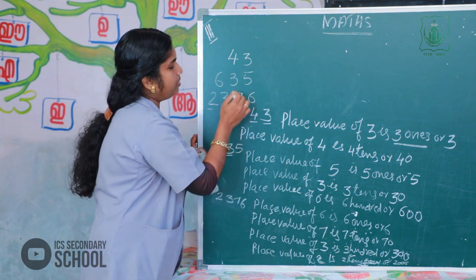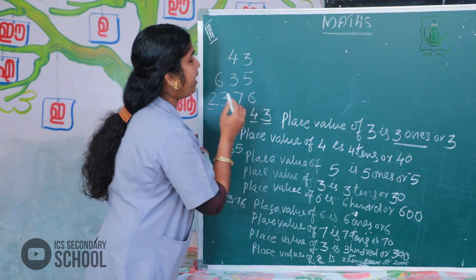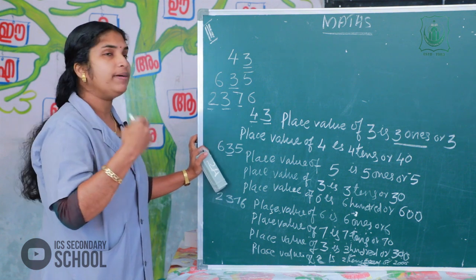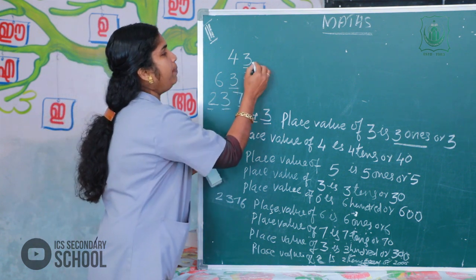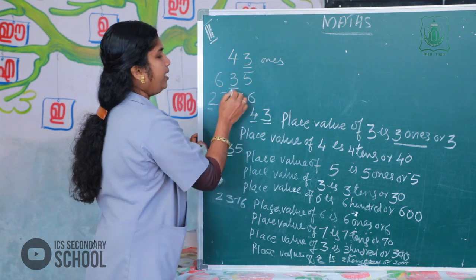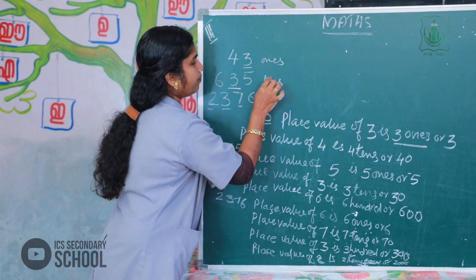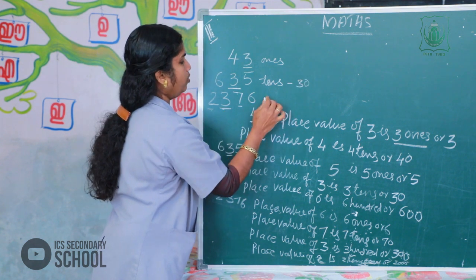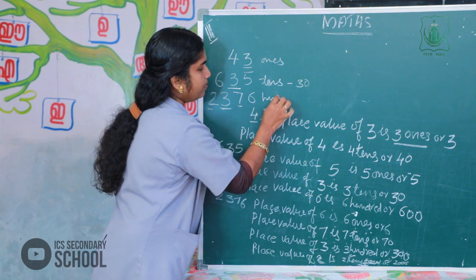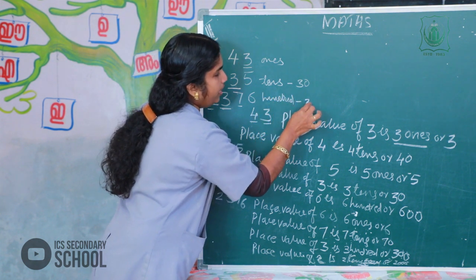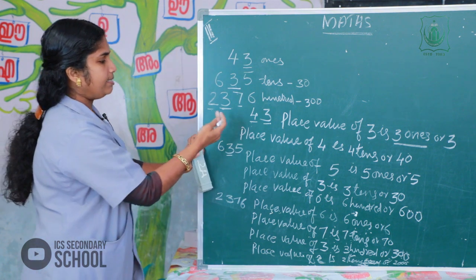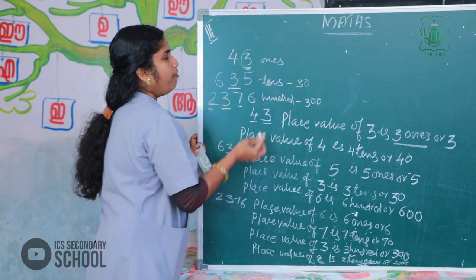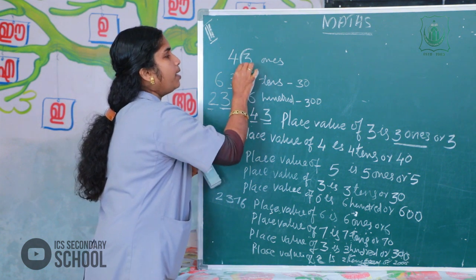In all examples, the place value of 3 varies from number to number.